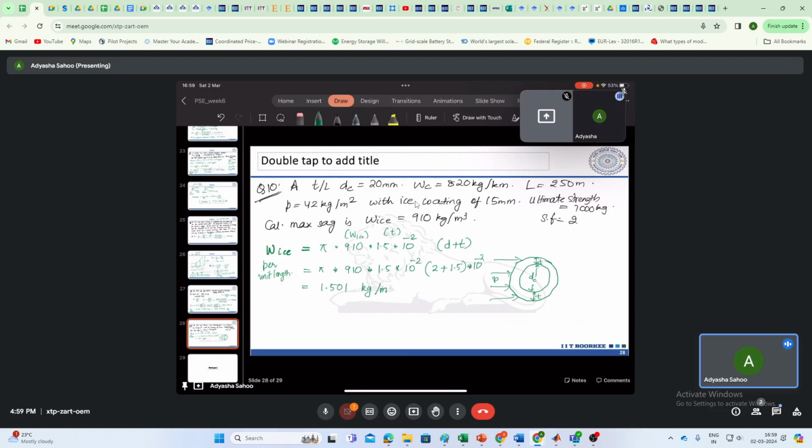Now again, due to wind, is wind pressure into dc plus 2t. So wind pressure is 42 kg per meter square. D plus 2 into 1.5 into 10 power minus 2.